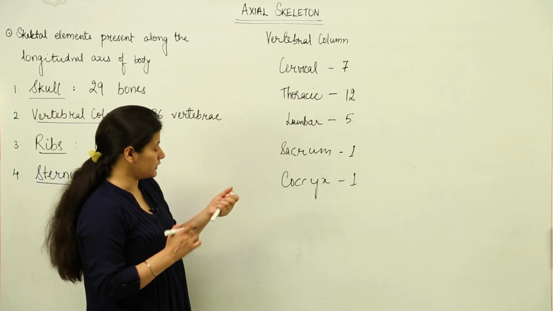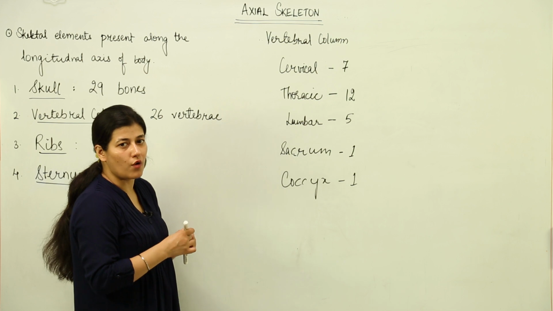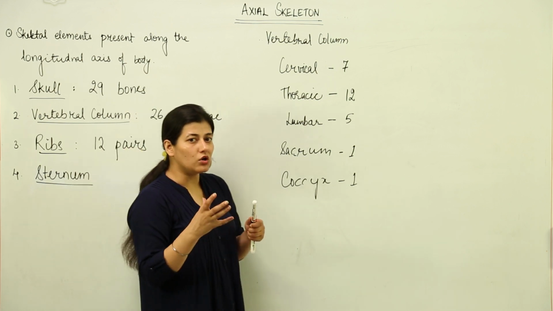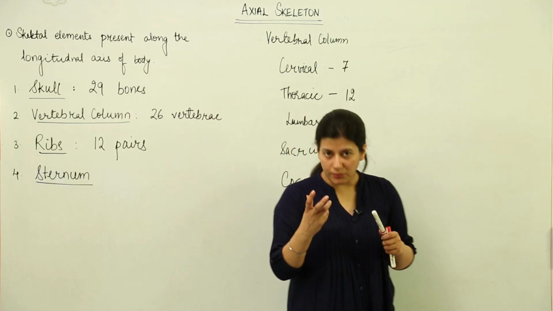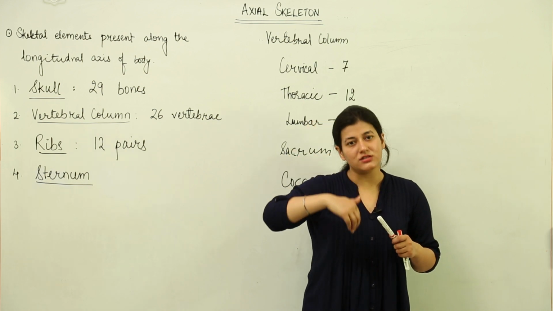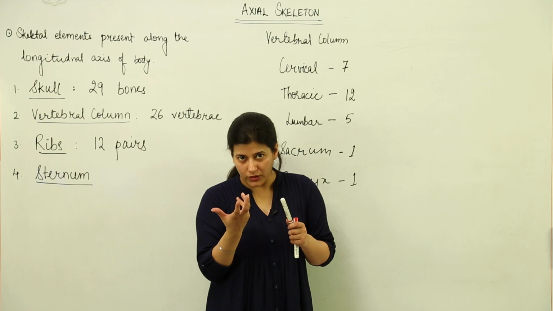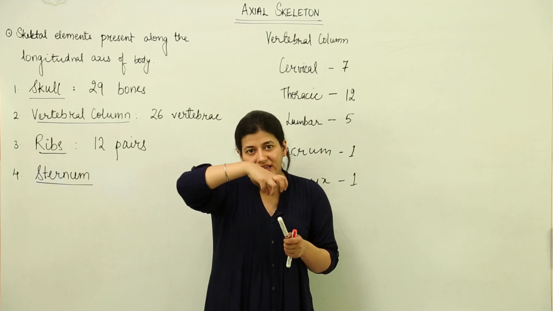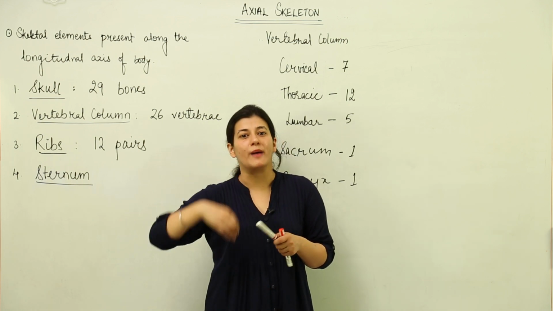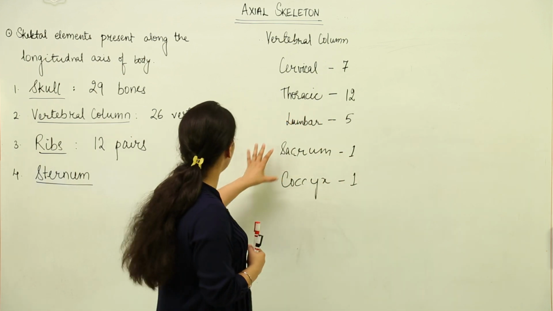Now this vertebral column is the house for the spinal cord. The spinal cord originates from the foramen magnum of the brain and passes through the vertebral column. That means the vertebral column is a hollow bone structure with a hollow cavity inside it, which becomes the passage of the spinal cord. So in total we have 26 vertebrae.